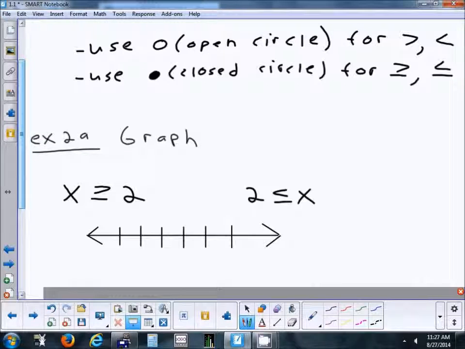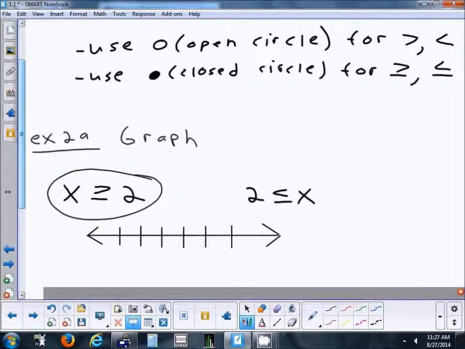X first. What's good about having the x on the left-hand side? Because then you know what direction everything goes. Right. If you put the variable on the left-hand side, the symbol tells you which way to shade. If you don't, the symbol points in the opposite direction to shade. So generally, I'd like you to write answers like that for inequalities.